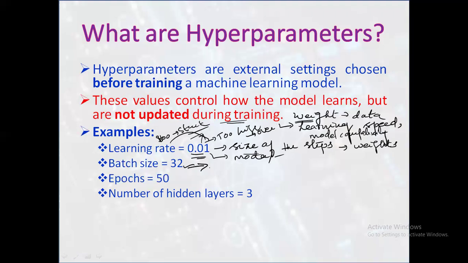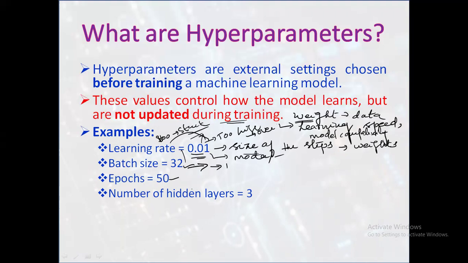But what is the drawback of larger batch sizes? They may miss fine-grained updates.